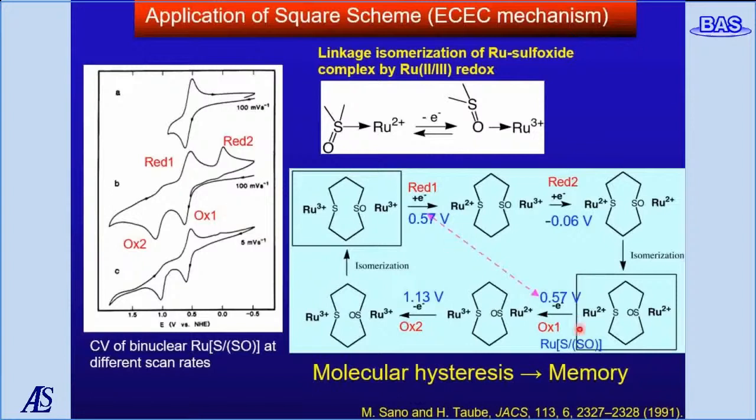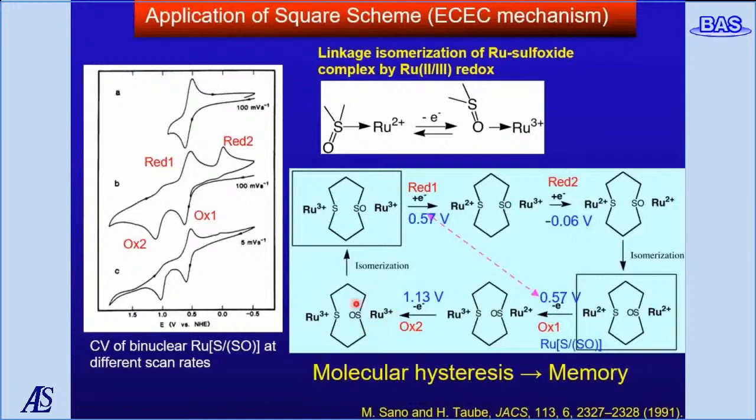The results show that the S site in the dinuclear ruthenium complex is first oxidized to a mixed valence state at OX1, and then to ruthenium-3 state at OX2 at plus 1.13 volt.